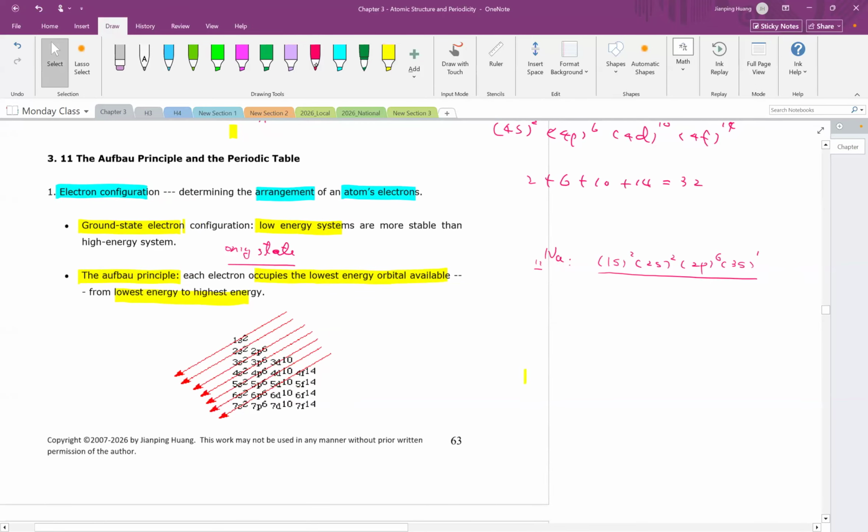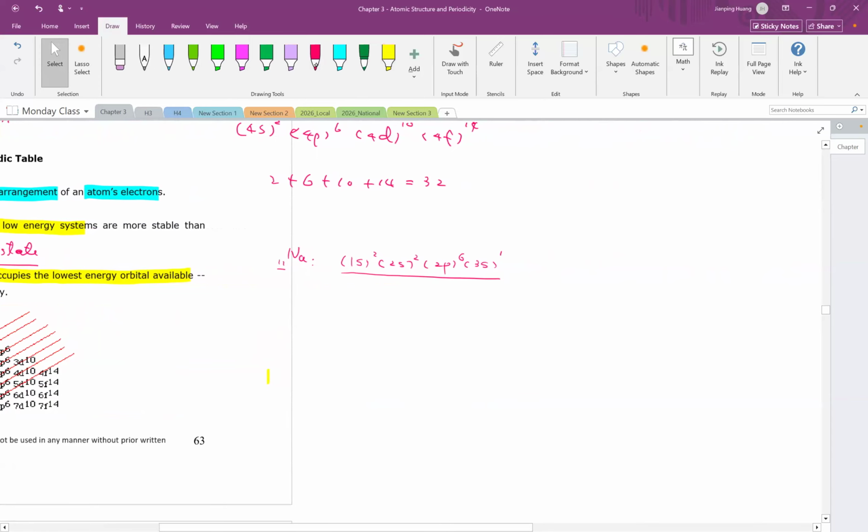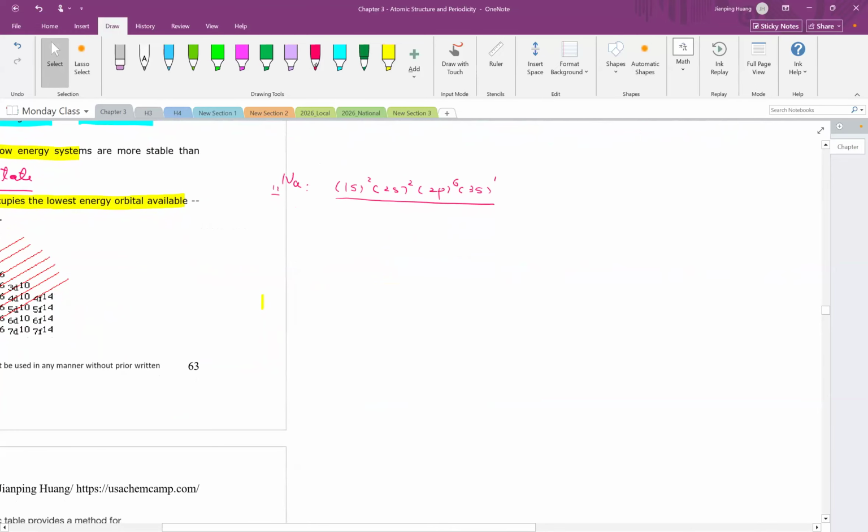Now I need your help. Let's look at n equals 1. What's the orbital? N equals 1, can I say it's 1s? Right, because n equals 1, l equals 0, ml equals 0, so it's only one orbital.